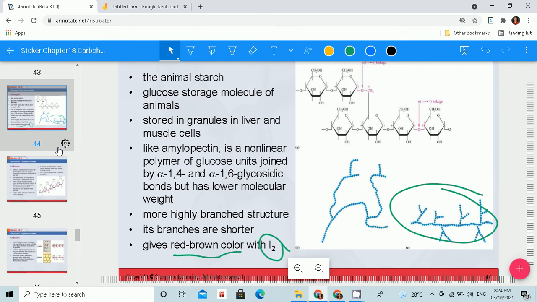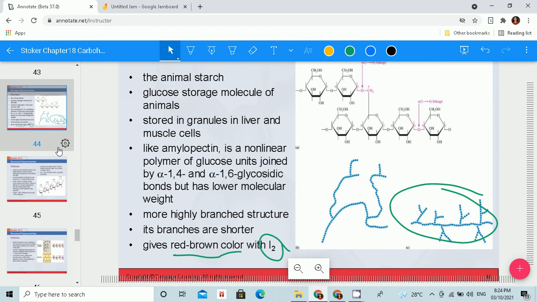So class, if you wonder what's the use of the storage polysaccharides, they are very useful. Fat people have lots of glycogen, stored sugars as glycogen.